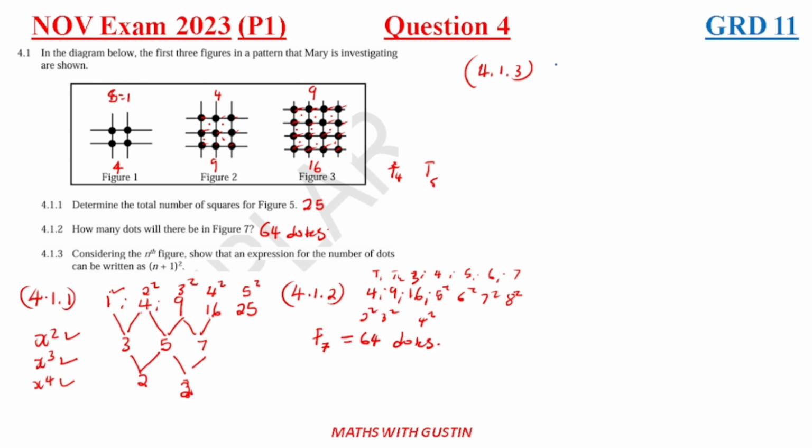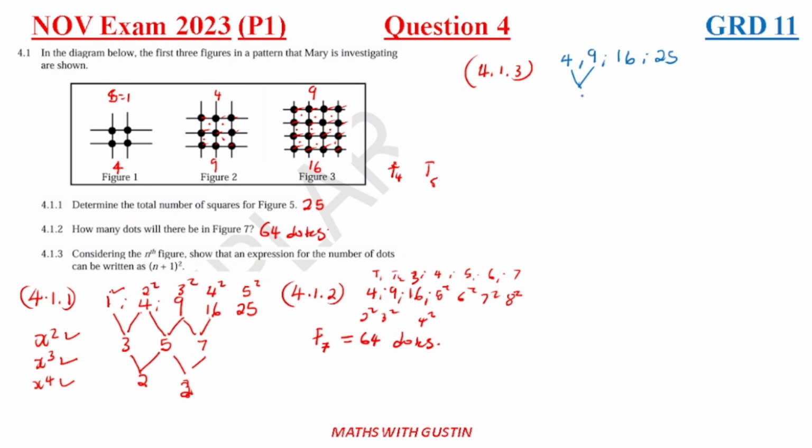All right, so 4.3, let's see the pattern that we have here. We have got 4 here, because they said for the number of dots, not for the number of squares. So we've got a 9 there, we've got also a 16 there, and we also got a 25 there as well.